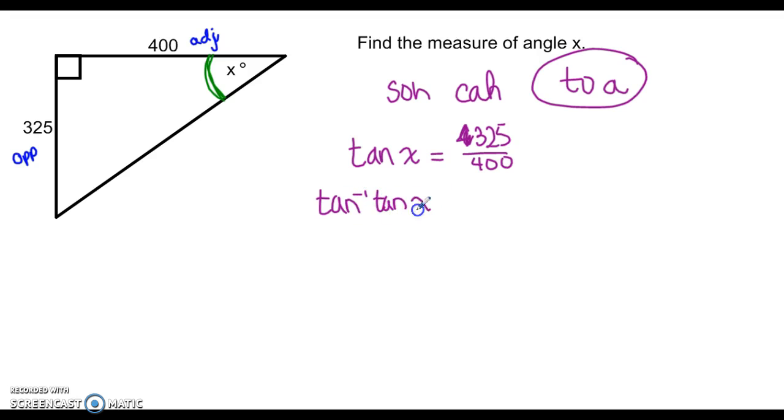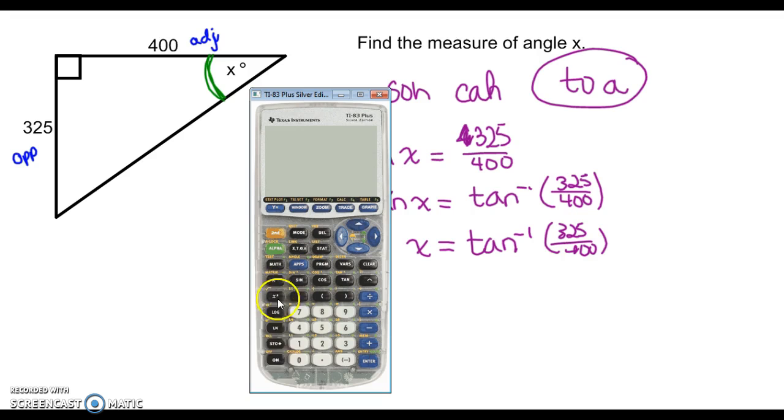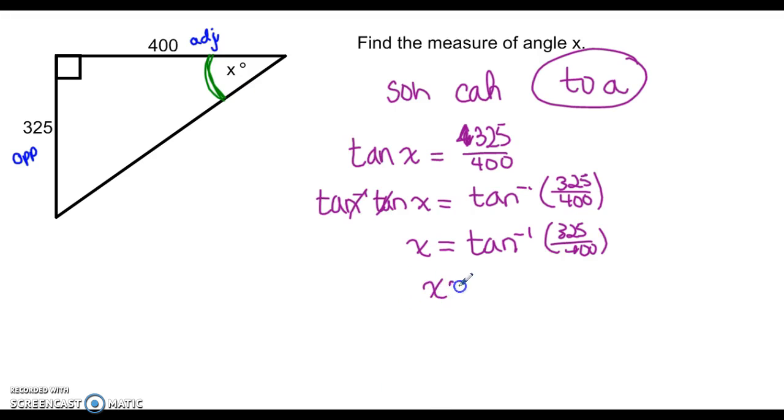So we're going to take the tangent inverse of both sides, because whatever we do to one, we have to do to the other. So x equals the tangent inverse of 325 divided by 400. I'm going to grab our calculators and plug that in. So about 39 degrees.